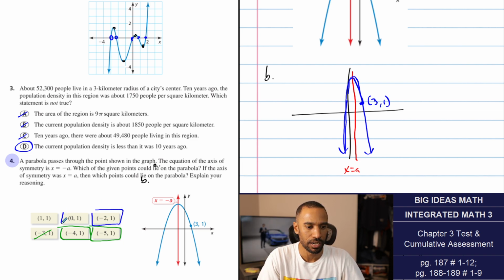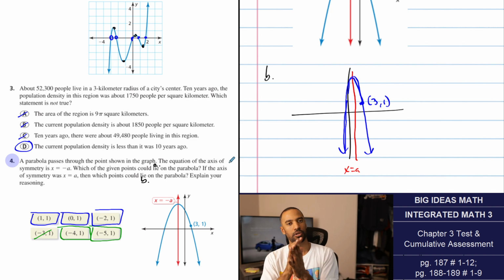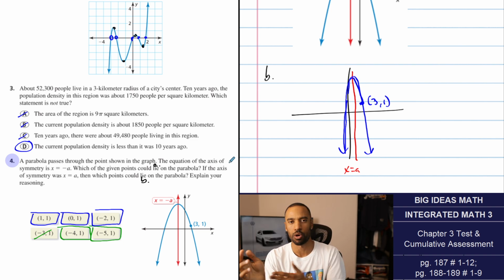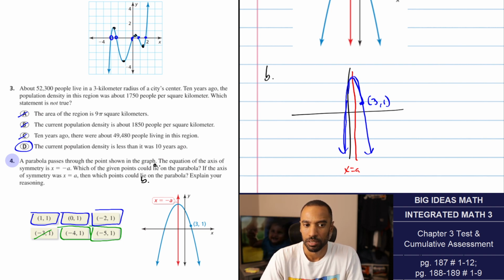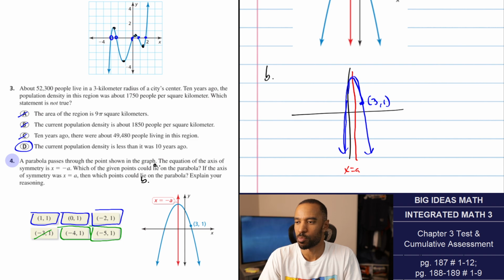So could 0, 1, and so could 1, 1. I don't see why it couldn't be any of those three when it comes to distance. We don't know what size a is, but as long as it's not negative 3, I believe we're good. I don't think there's any reason it can't be anything else. So anyway, that's my understanding of that.